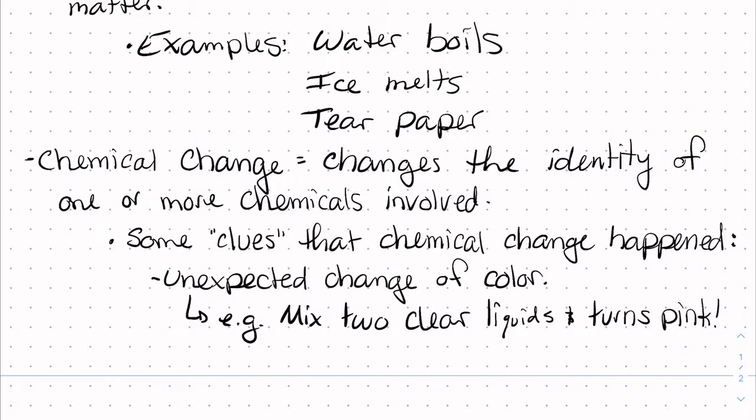It turns completely solid. It is no longer clear and transparent. And that is because a chemical change has happened. When you're cooking the egg, you're actually causing a reaction in the proteins that causes it to go from being clear to being white. So unexpected color change is seen in that as well.